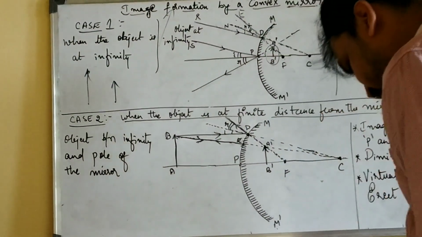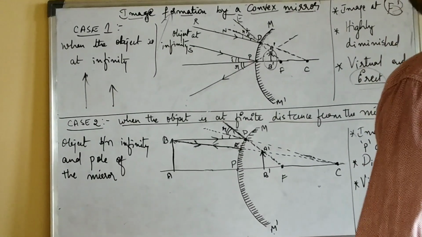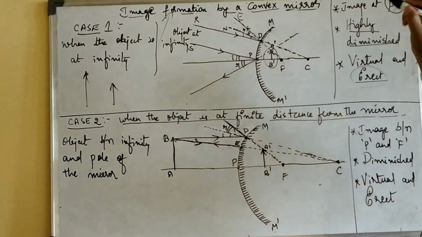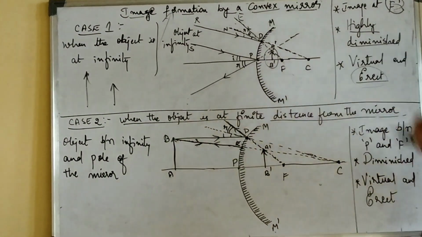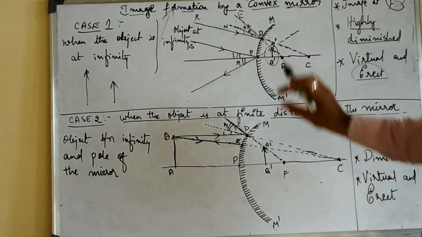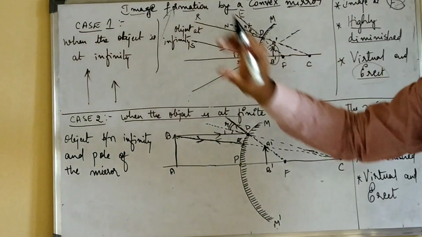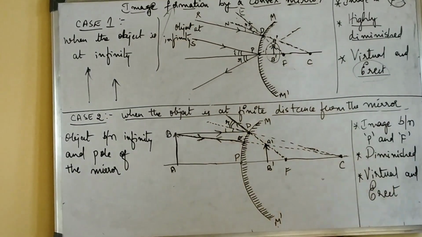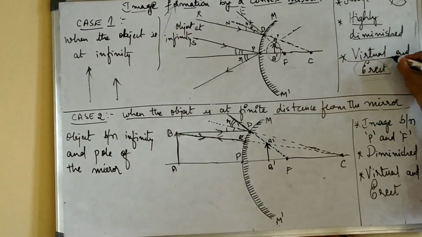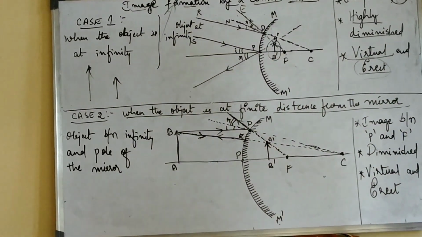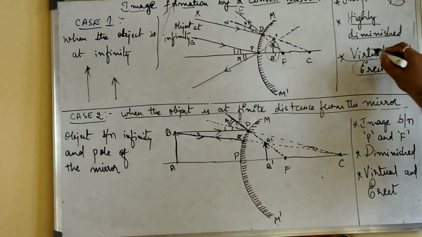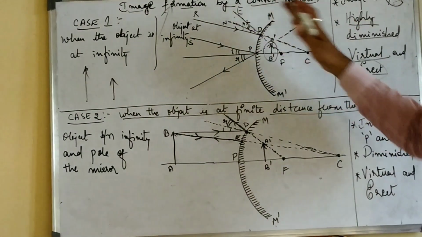Now the image is highly diminished. You can see here the image is diminished. Why? Because it is very, very small as compared to the object which is at infinity. Now the image is virtual. What do you mean by virtual? The image is virtual means the image is on the other side, far behind the mirror.